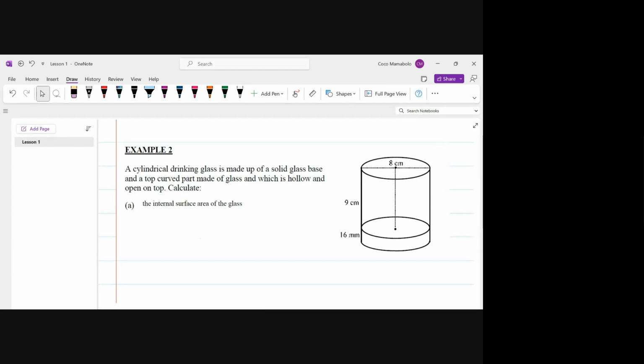The reason why I need us to be really okay with these questions is because the questions that we're going to be doing on Wednesday on total surface area, some may or may not involve X and Y. So I need us to be okay with doing the number stuff so that when ma'am adds X and Y, we are not like, oh my gosh, what is this woman doing?